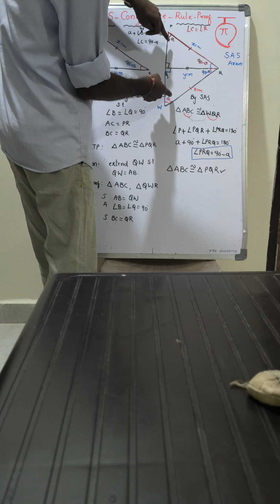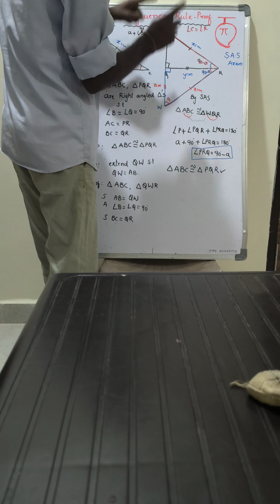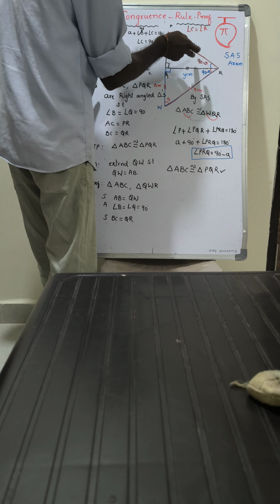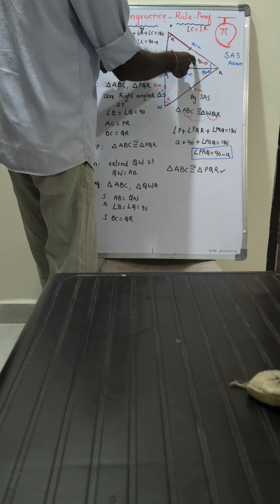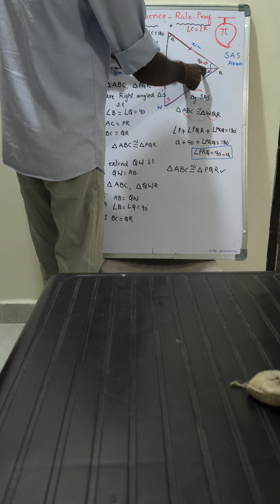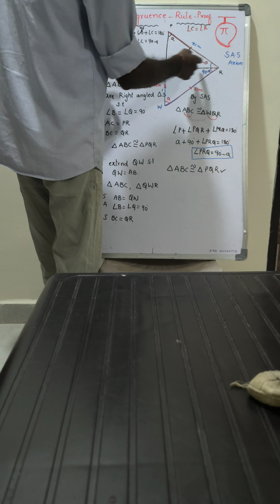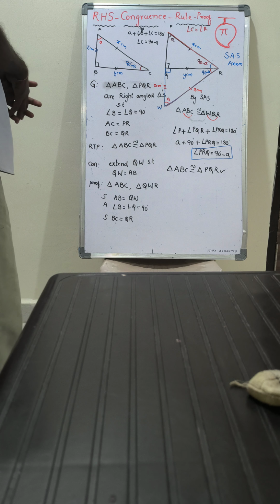So if this is A, then automatically this is also going to be A. Now this is 90, this is A, therefore this could be 90 minus A. So now these two angles became equal. Once these two angles became equal, by SAS, with these two sides and the included angle, these two triangles are congruent. That's the idea of the proof. I hope you understood.